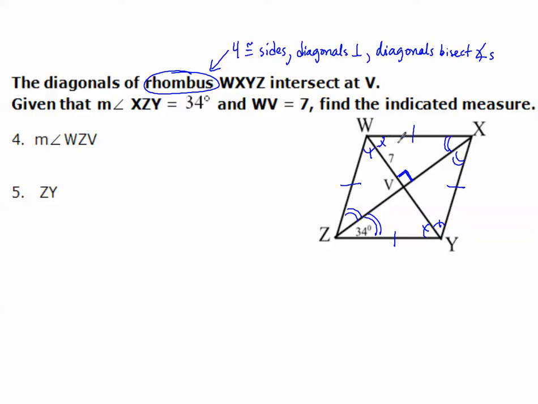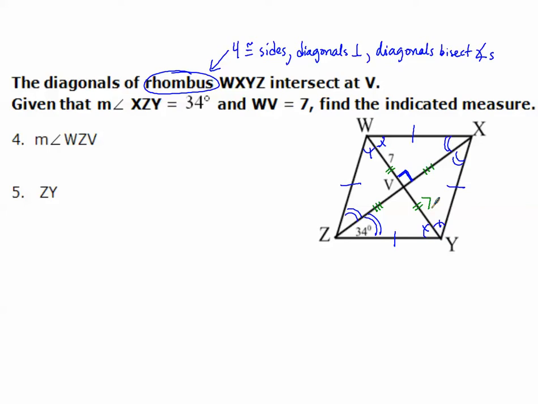Okay, I get to see a visual in this picture. Now remember that a rhombus is a parallelogram, so all of the parallelogram properties exist too, such as the diagonals bisect each other. That piece is congruent to that piece, and this piece is congruent to this piece. So if WV is 7, VY is also 7.